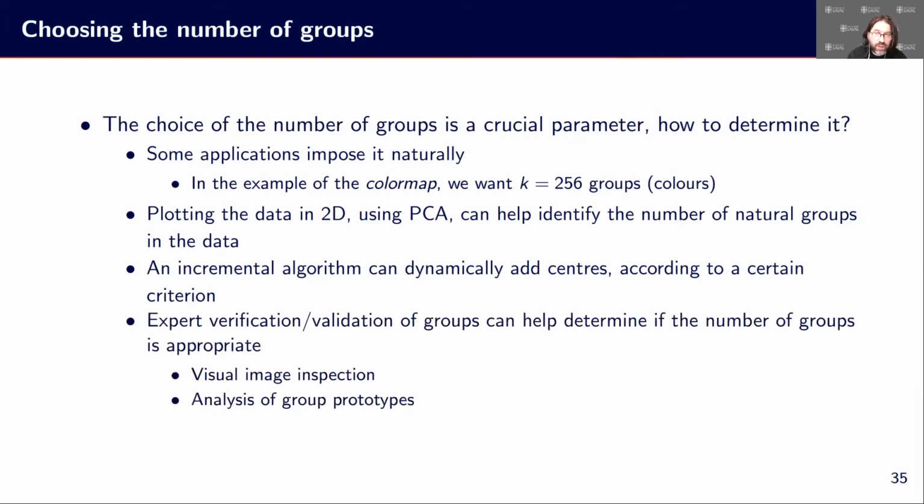And we can also ask experts to validate that the groups we are relying on are making sense, possibly by looking at images, by analyzing the prototypes, the centers of these groups. We can validate with the experts that this is a group that is meaningful in terms of the context we are working on.